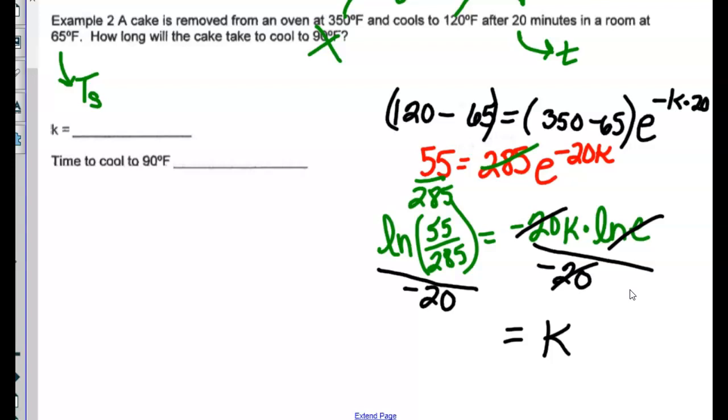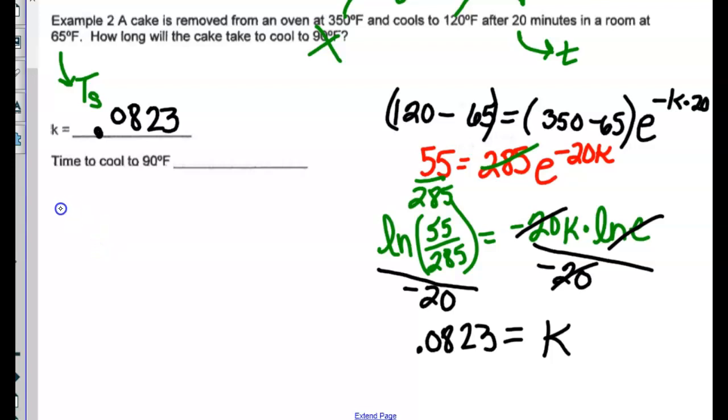Destiny says yes. Okay. The little negative is what gets students sometimes. Your k value should not be negative. The negative is part of the formula because it is a cooling formula.